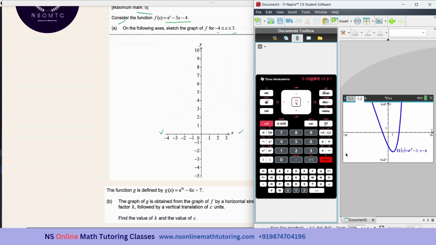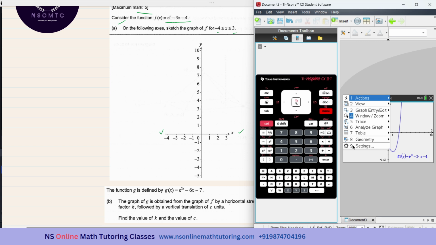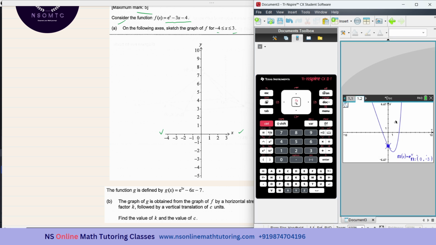Okay, so this is the graph. I have to get the graph from x equal to negative 4 to x equal to positive 3, so I use the graph trace.